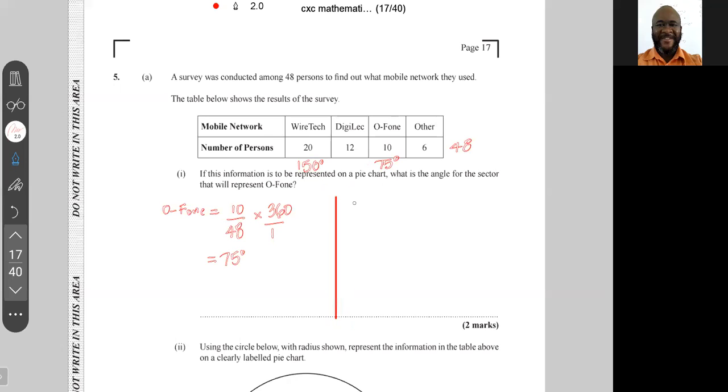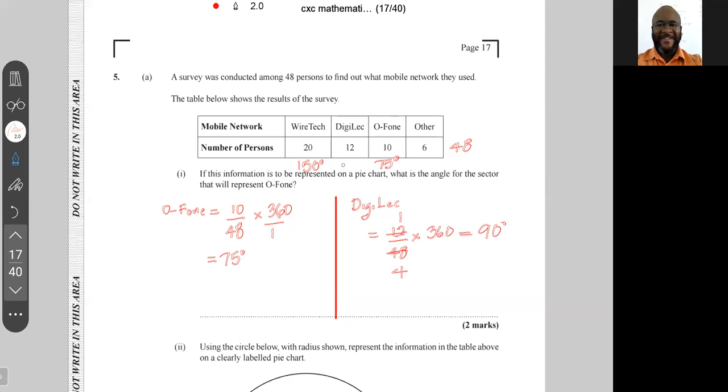Now for Digilec, it is 12 persons out of the 48 times 360. Now 12 out of 48 is actually a quarter, and a quarter of 360 is what? 90 degrees.